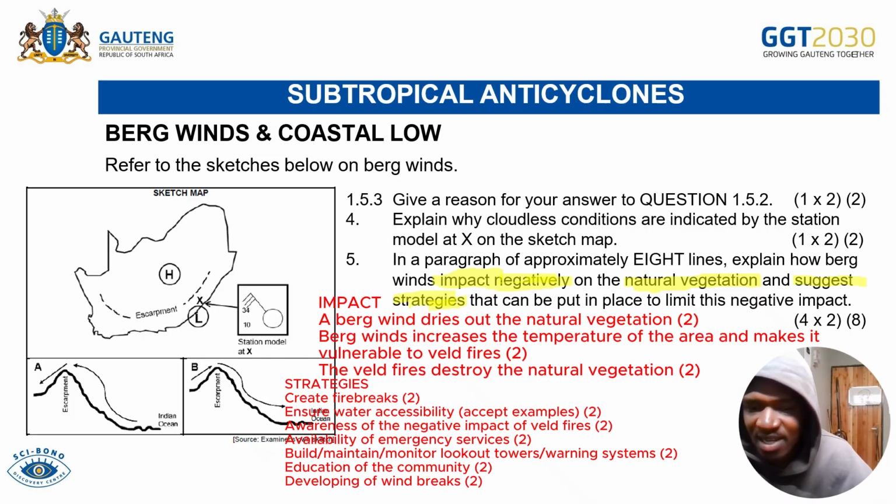This answer applies to almost every strategy in geography. I don't think there is a strategy where we can't say create awareness and educate the community about the impacts of wildfires, so that the community can be well prepared for a wildfire. So create awareness, educate the community, but you must expand.